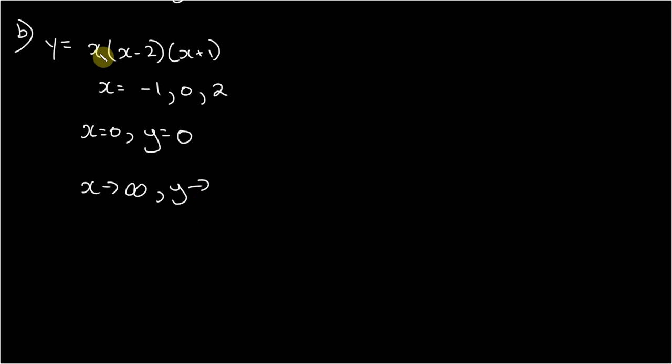Well, we can just again use an arbitrary number, something reasonable, say 10. So we'll set x to 10. So it's going to be 10 times 10 minus 2 times 10 plus 1. Well, that will be 8.